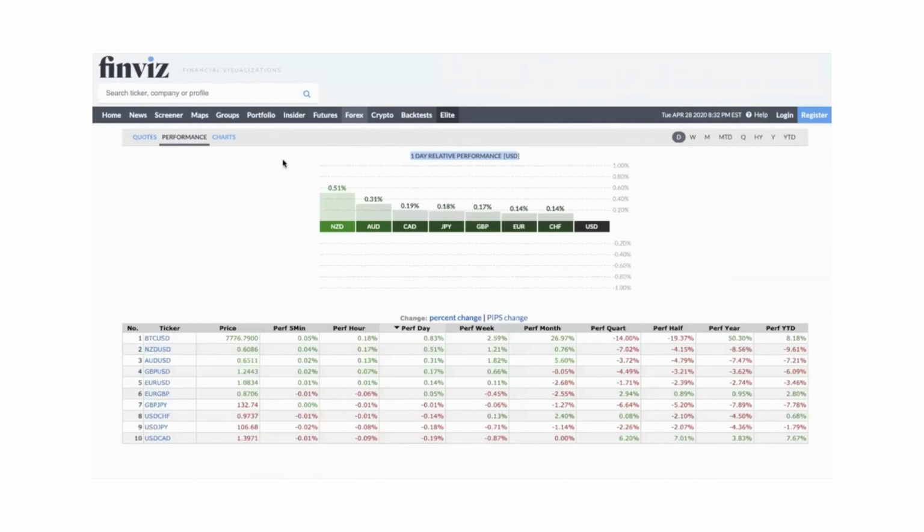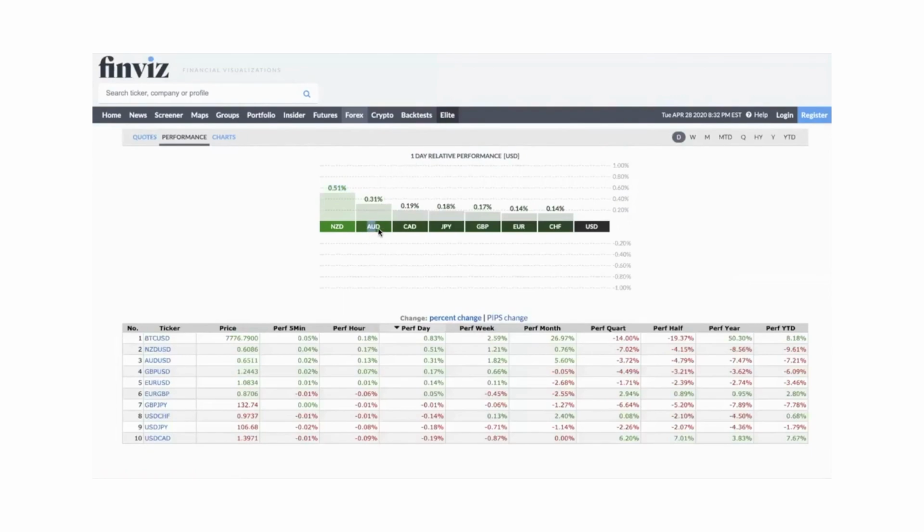So how do you read this chart? Because everything is relative to USD, USD relative to itself will be not applicable, so you do not see anything over here. How you read this is NZD to USD. NZD to USD has been up 0.51% for today, because it's 1 day relative performance.